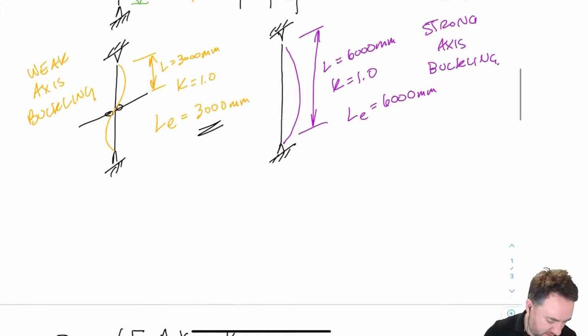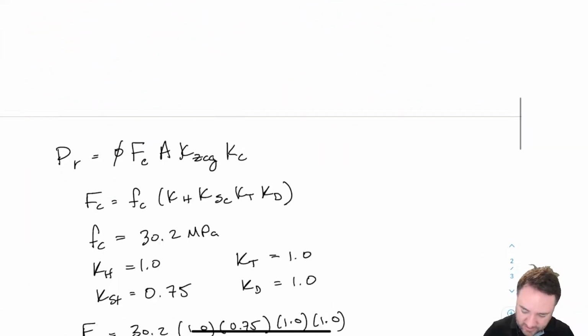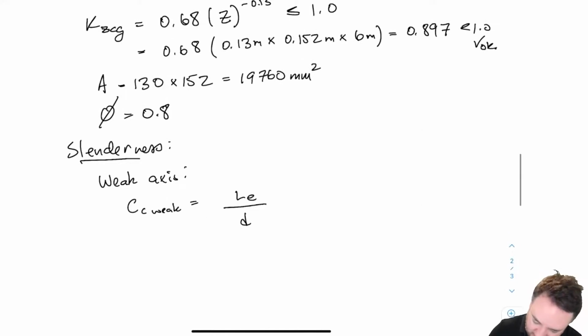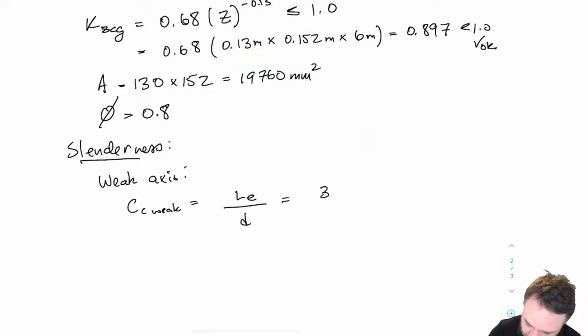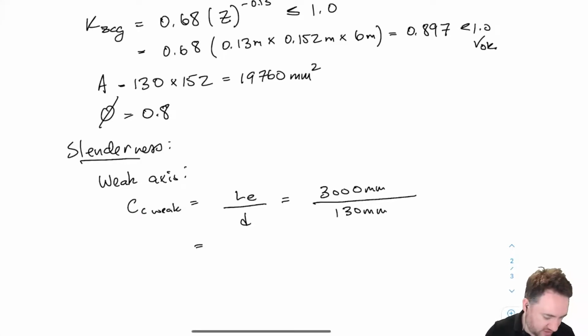So let's do that calculation. This equals 3,000 millimeters divided by 130 millimeters, right? So this is a dimensionless quantity, and I get 23.1.